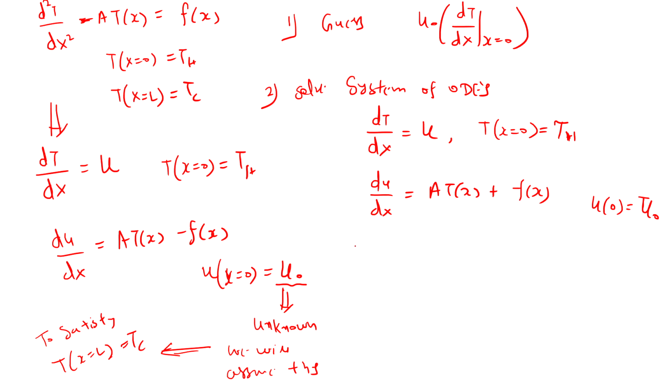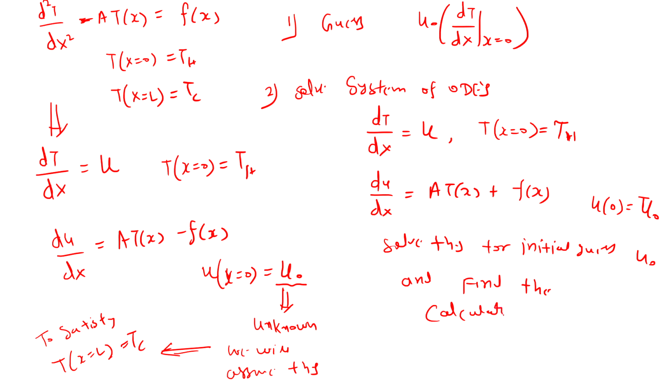Solve this for the initial guess u naught and find the calculated value of T at x equal to L. Suppose T at x equal to L comes out to be T c tilde.